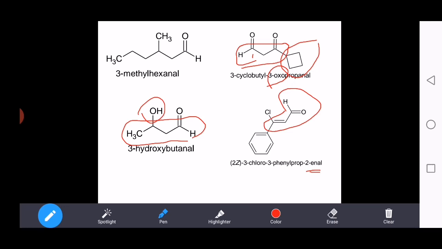Okay, and then at the third carbon there is chlorine and also benzene. Benzene as a substituent is named phenyl, and chlorine as a substituent is named chloro. That's why we get 3-chloro-3-phenylpropenal. So for chloro and phenyl, C comes first before P.